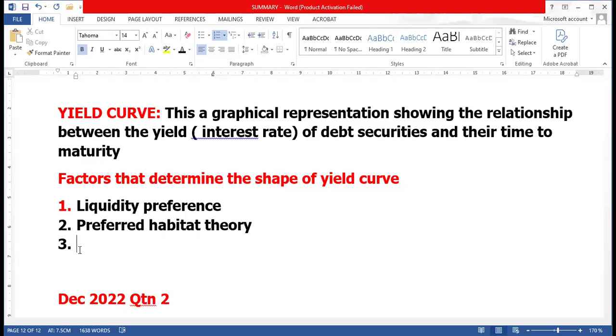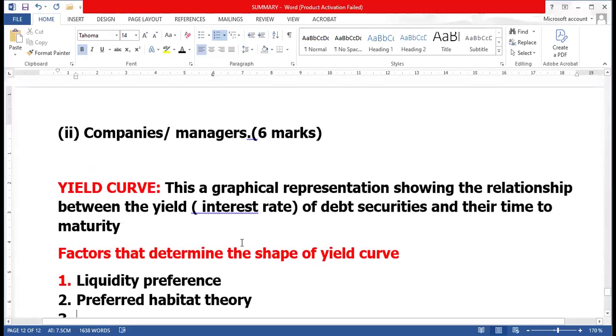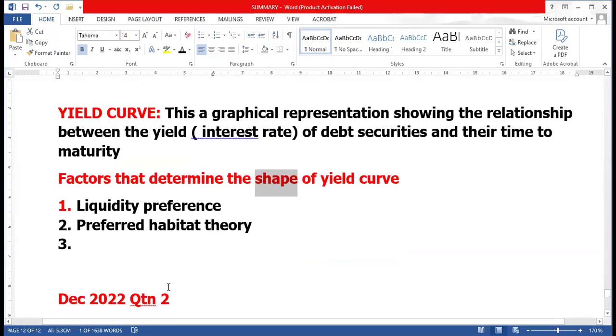So that additional return will cause the shape to change. Remember, here we are talking about the shape, the increase, the decrease. What can cause that? The preferred habitat theory is very, very key. The theory extends what? The markets.